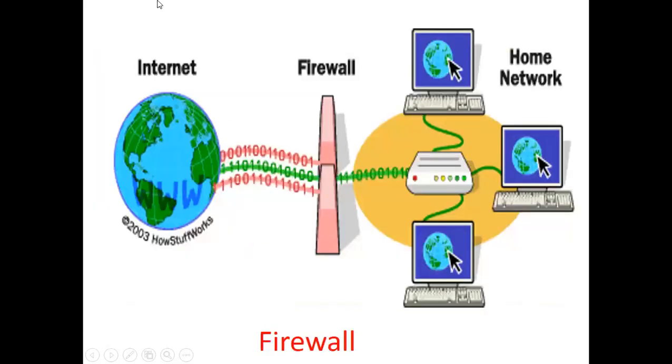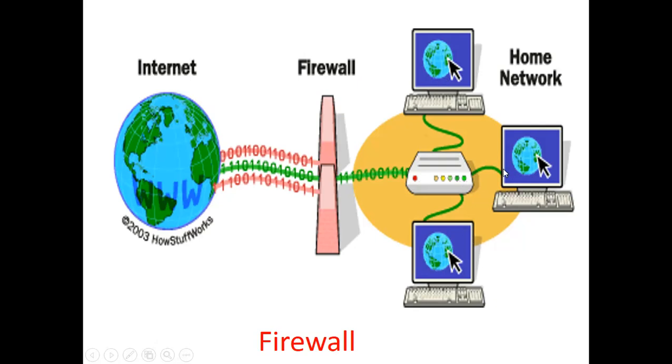See here, this is the internet, here is the firewall, and here is our network. Here is the LAN connection. This connection is again distributed into multiple systems. Now here, the internet has multiple types of users and multiple types of data flow, and our network is secure.